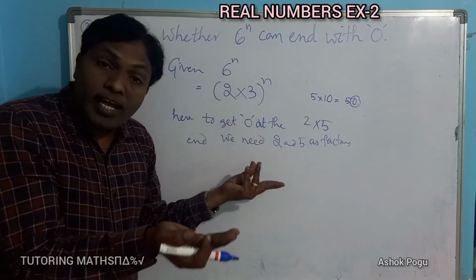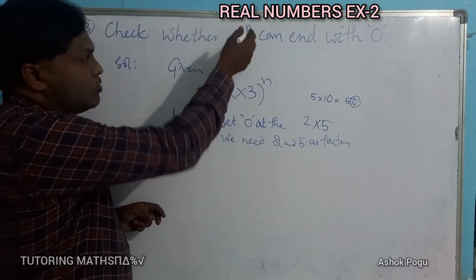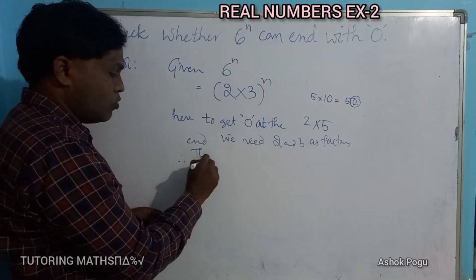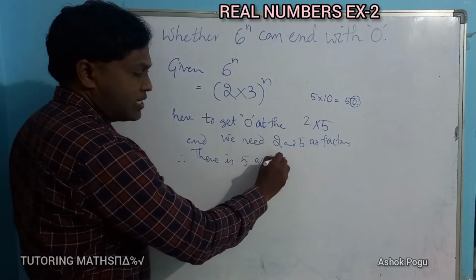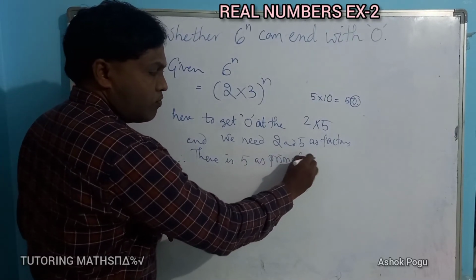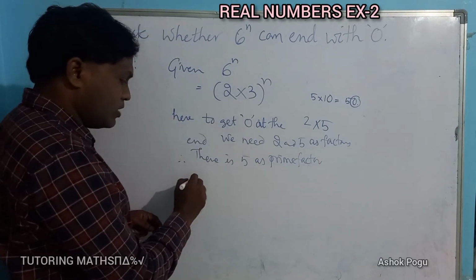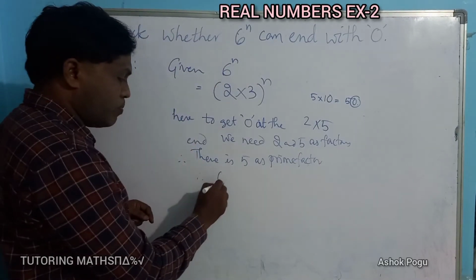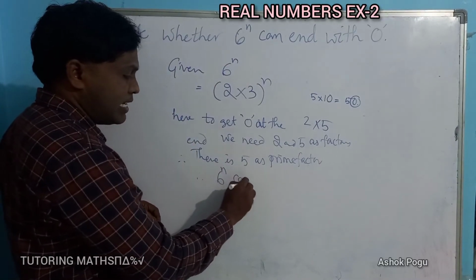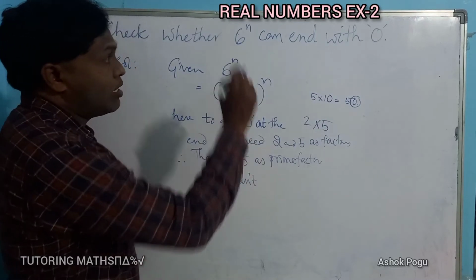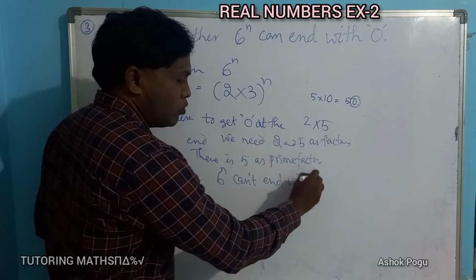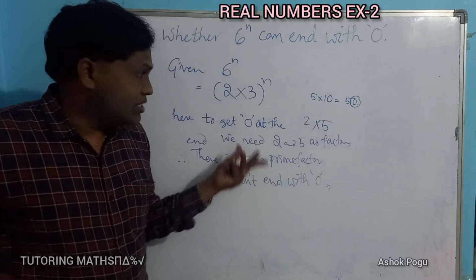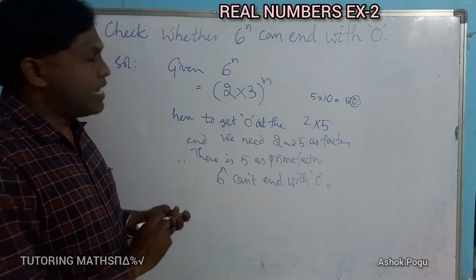There is no 5 as a prime factor. So therefore, 6 to the power of n cannot end with 0. So that's all. This is the solution. Let's go to the next question.